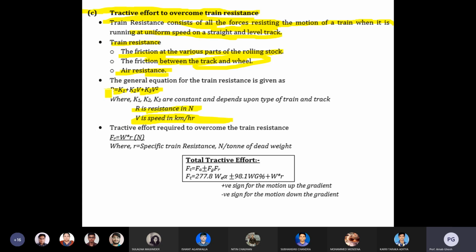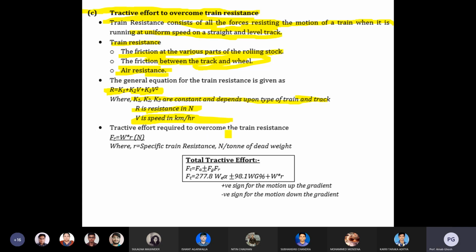That's the formula. Friction between the track and wheel is K2 into V, and air resistance is normally considered as C V square. K1, K2, K3 are constants and depend upon the train and the track for the specific condition.